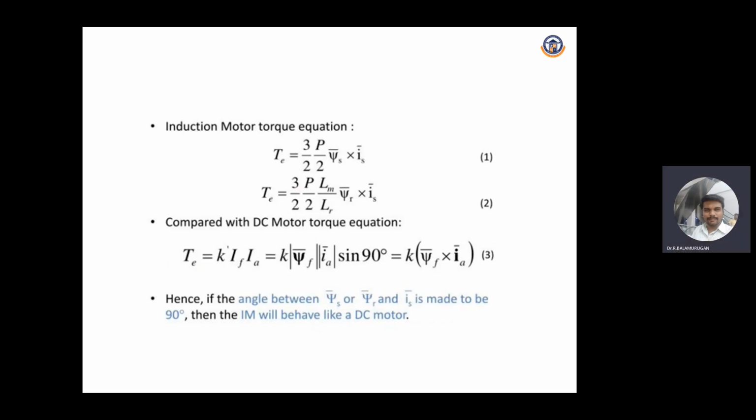The induction motor torque equation is given, which is compared to that of the DC motor torque. And you can have a comparison here of how both behave the same. That is, the induction motor behaves the same.